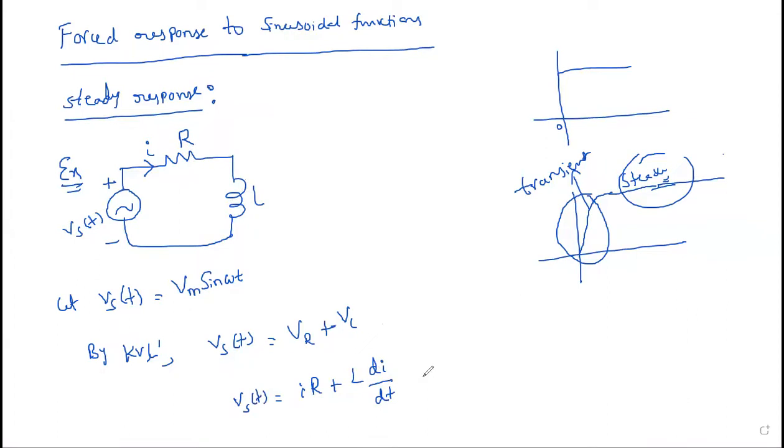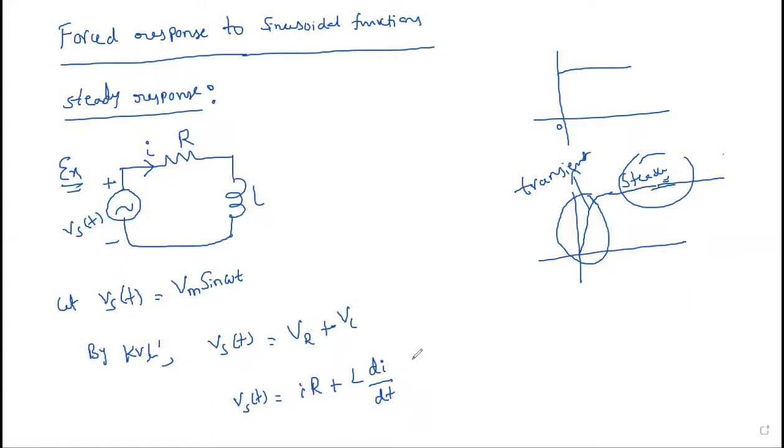In this equation, we will substitute Vs of t. But here we don't know the current I value, and actually we want to find I only. Therefore, in order to find current I, we need to substitute something here.